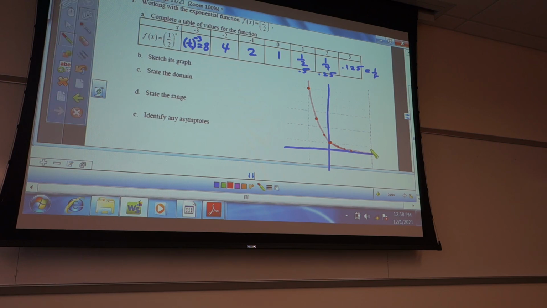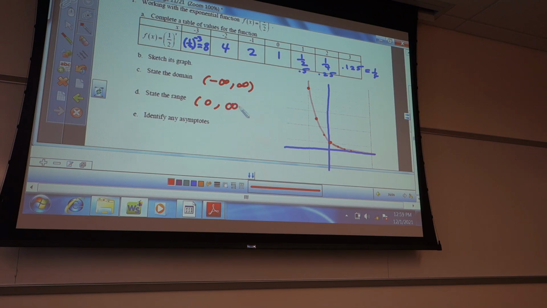Okay, good. What's the domain? What can x be? All real numbers. Negative infinity to positive infinity. State the range. What can y be? What's the lowest y can be? 0, but not touching it. And then what's the highest y can be, Deja?